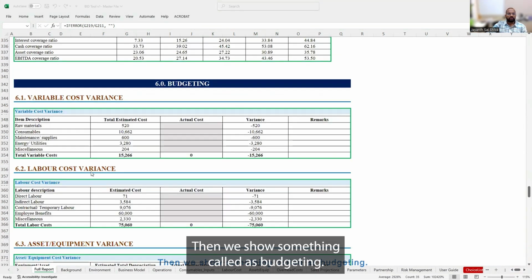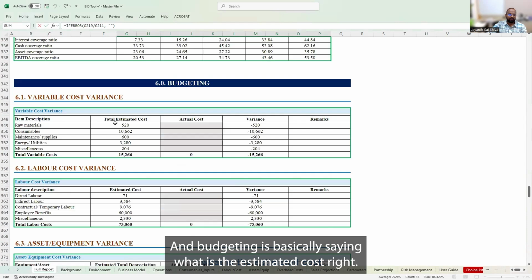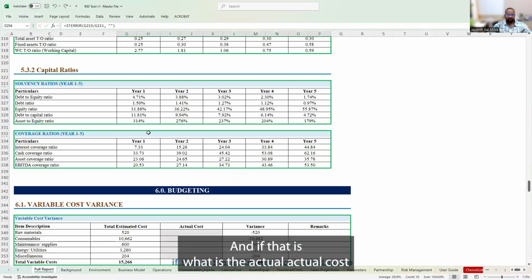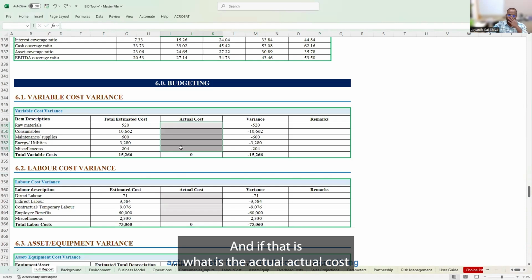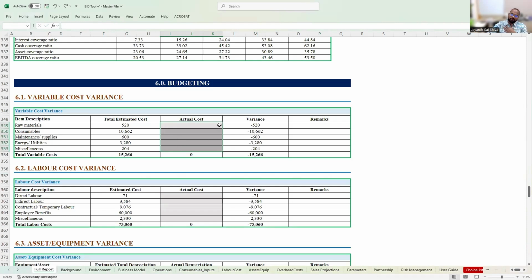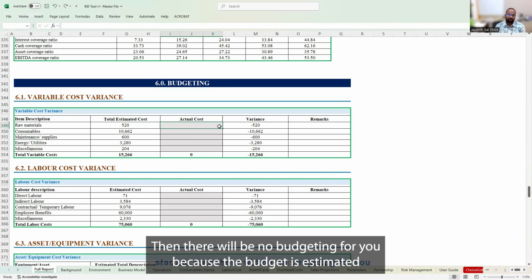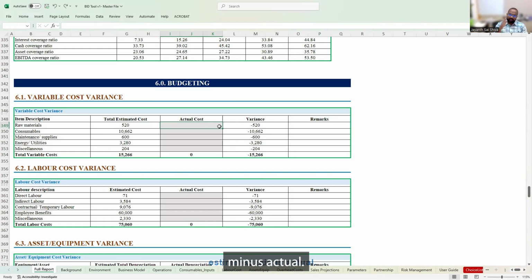Then we show something called as budgeting. Now, budgeting is basically saying what is the estimated cost, right? And if that is the estimated cost, what is the actual cost? Now, actual cost is something that you need to enter from your books of accounts. If your business idea is not in existence, your business is still not yet started, then there'll be no budgeting for you because budget is estimated minus actual.